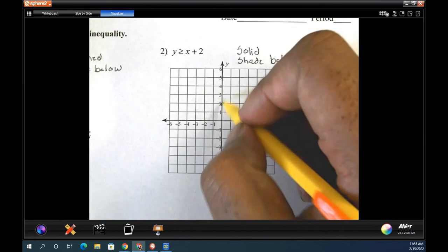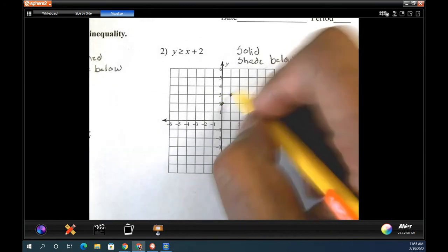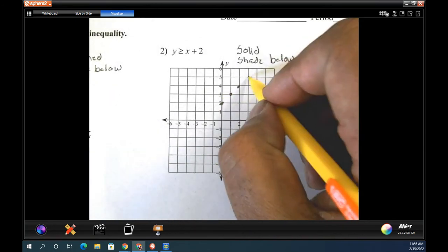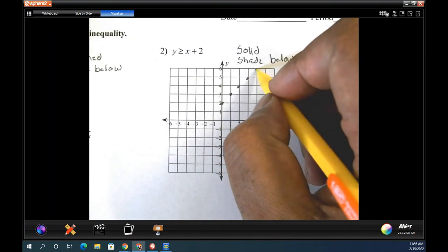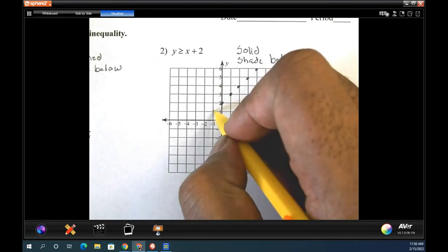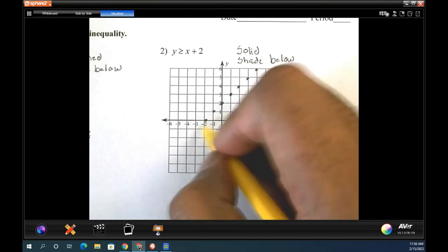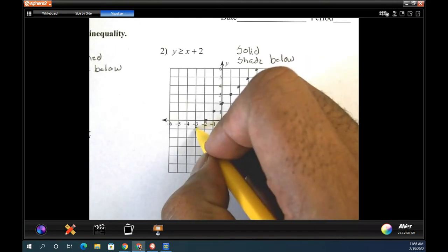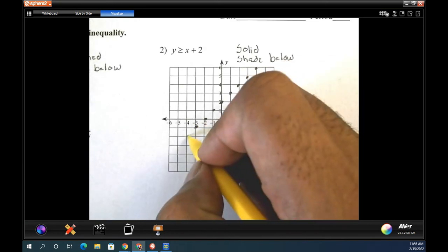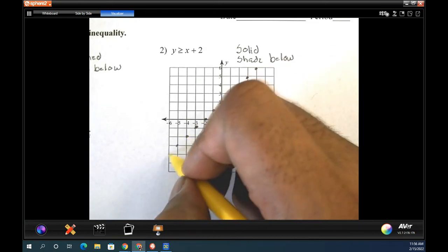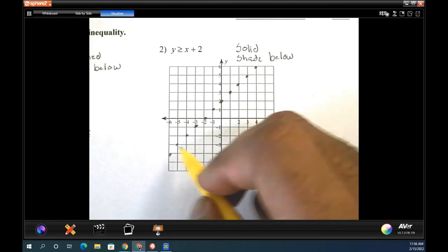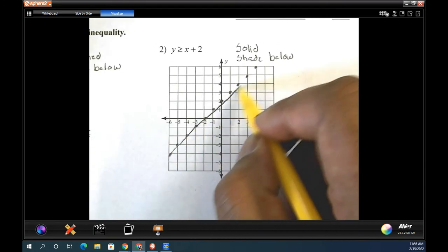So we just go up 1, right 1. 1 over 1. We fill in more dots than we have to here. All right. We said it's a solid line. Put your arrows.